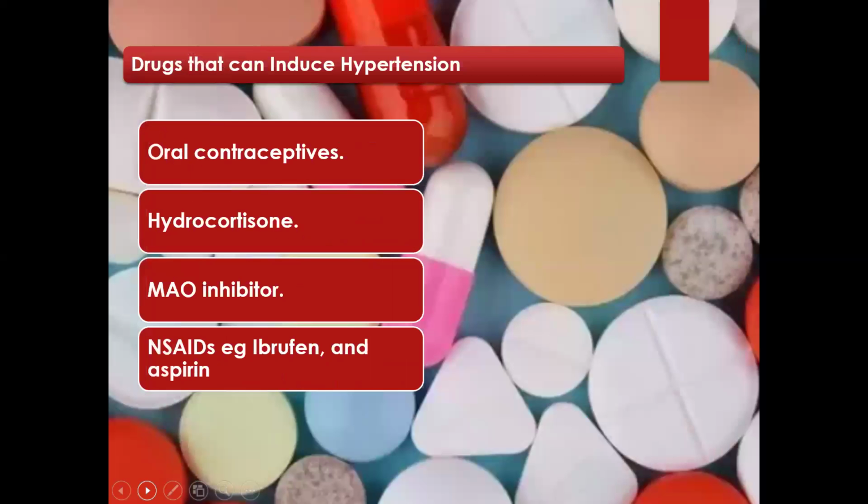Which drugs can induce hypertension? The following drugs can induce hypertension: oral contraceptives, hydrocortisone, MAO inhibitors, and NSAIDs, such as ibuprofen and aspirin.